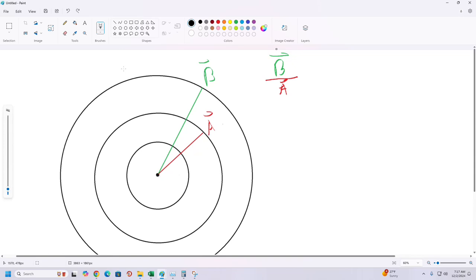So since this has a length of 2 and this has a length of 3, this equals vector C. C has a magnitude of 1.5, 3 over 2, and it has a facing of 15 degrees because there's a 15-degree difference from A to B. So that plots vector C at 1.5 units at 15 degrees.